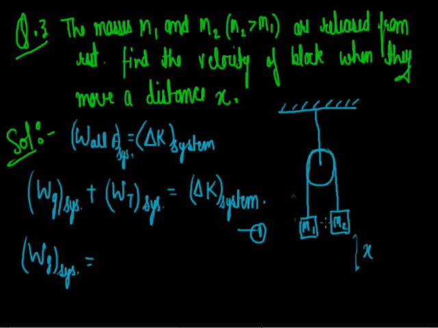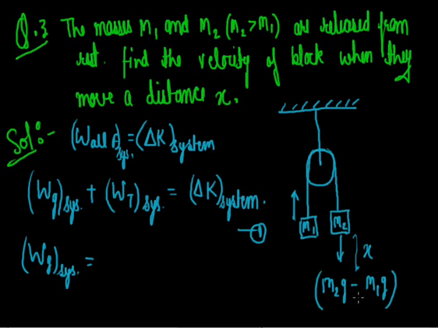When the system including masses m1 and m2 moves a distance x, the m2 block moves in the downward direction while the m1 block moves in the upward direction. So the net gravitational force on the system will be m2g minus m1g.